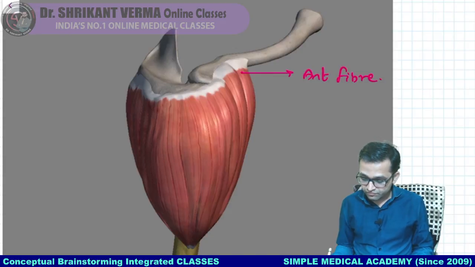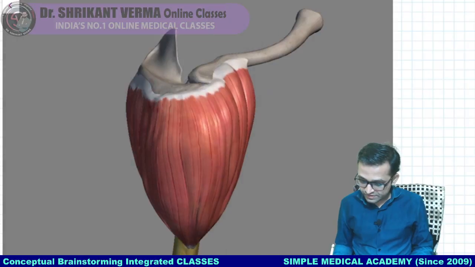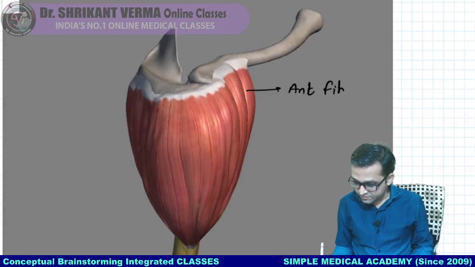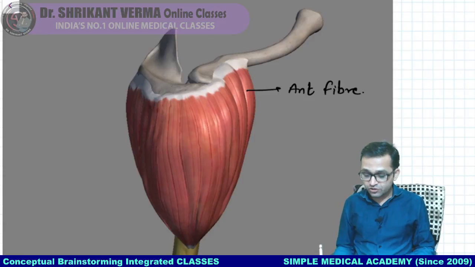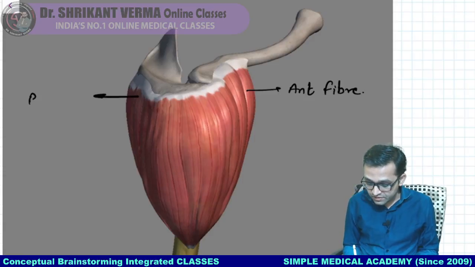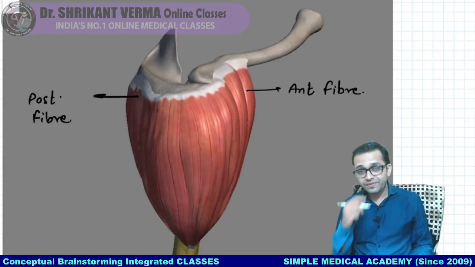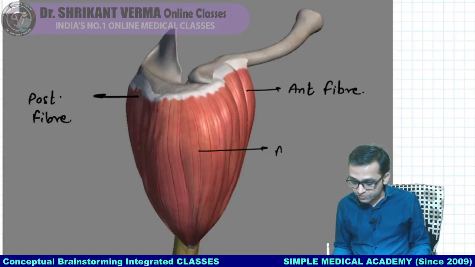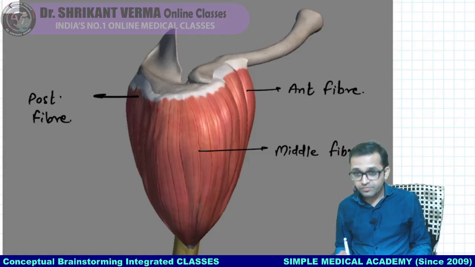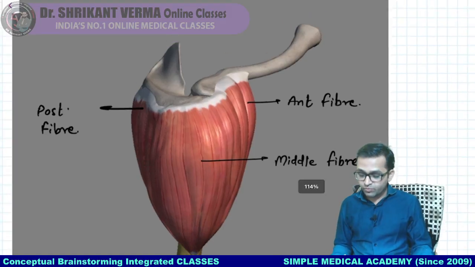Okay, sir. Anterior fiber of deltoid. Here you can see the posterior fiber, and here you can observe the middle fiber. Getting the point?